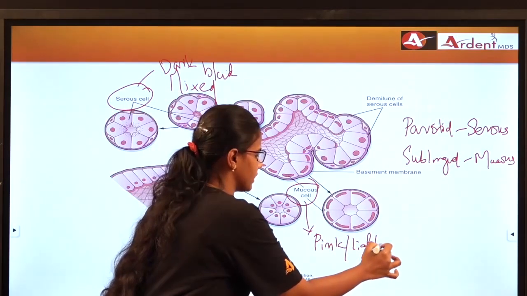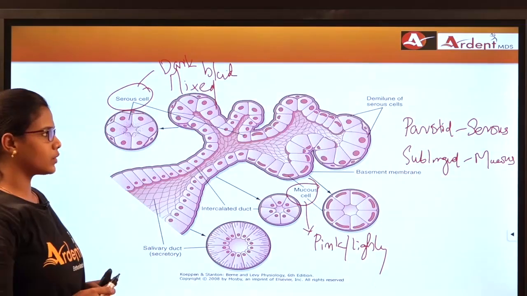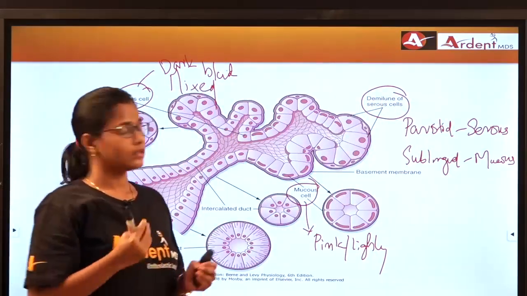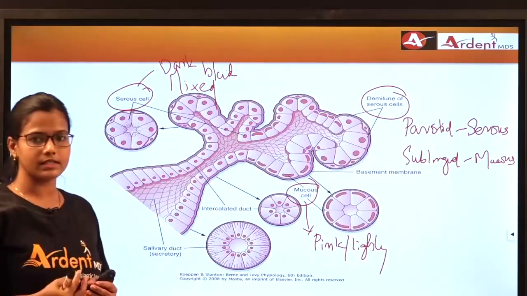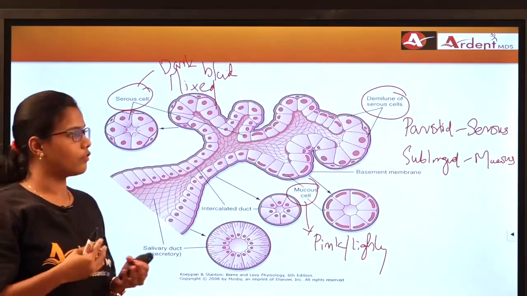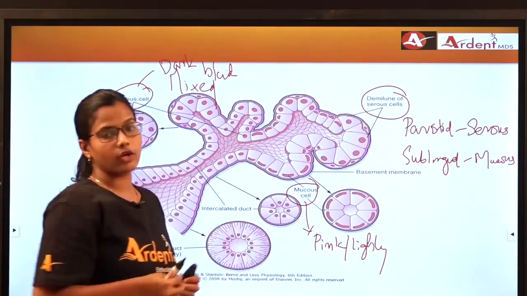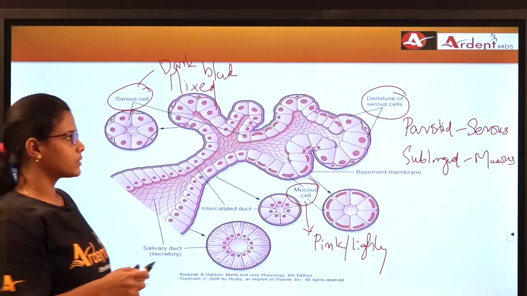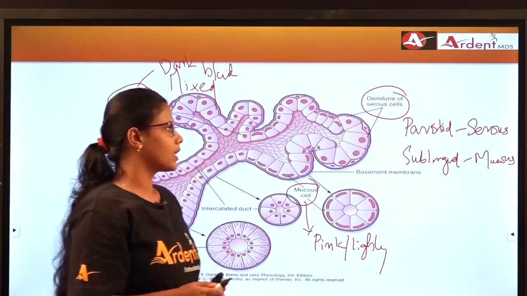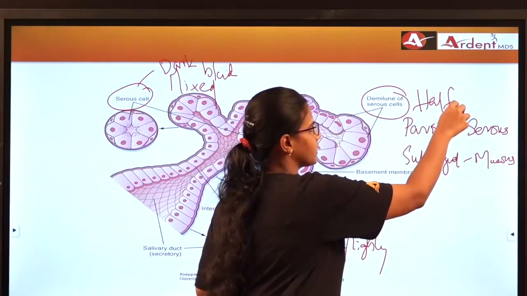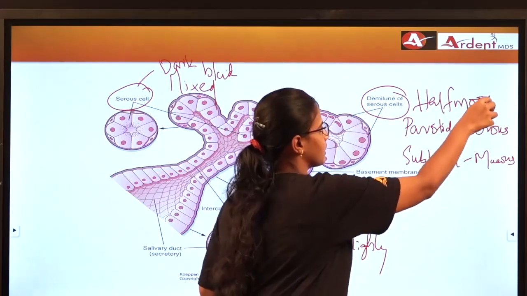Another term is the demilunes of serous cells. These are serous cells which can be seen over the mucous cells or the secreto-alveolar duct on the distal part. These demilunes of serous cells are half moon shaped cells, otherwise known as crescents of Gianuzzi.